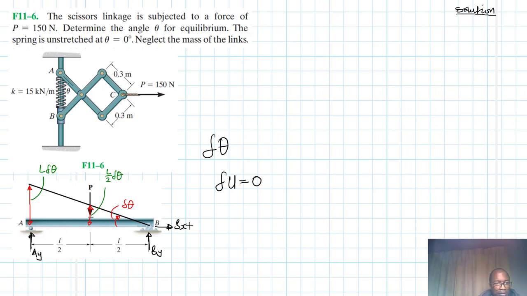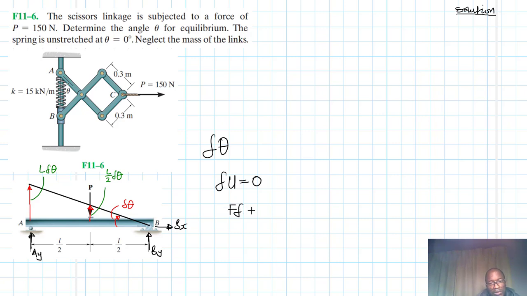So at A, let me just show one arrow going up, so that we are able to relate. At A, the displacement is going up and is in the same direction as the reaction force AY.